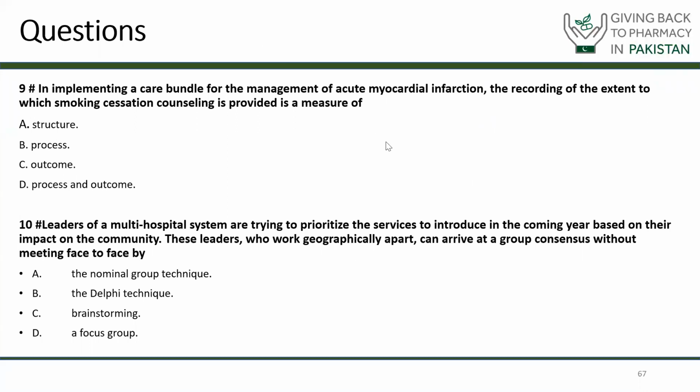Dr. Shahjahan, can you explain this question and its answer? We want to give counseling to the patient that smoking is a major problem for myocardial infarction. So this type of information which we are giving to the patient, in which indicator will it come?